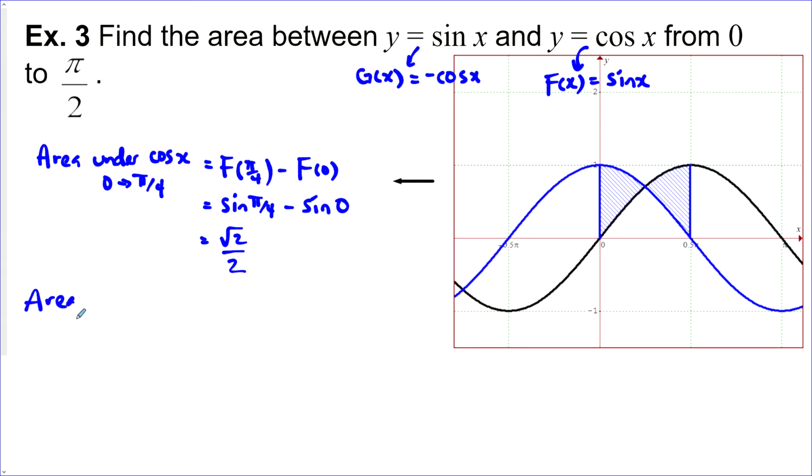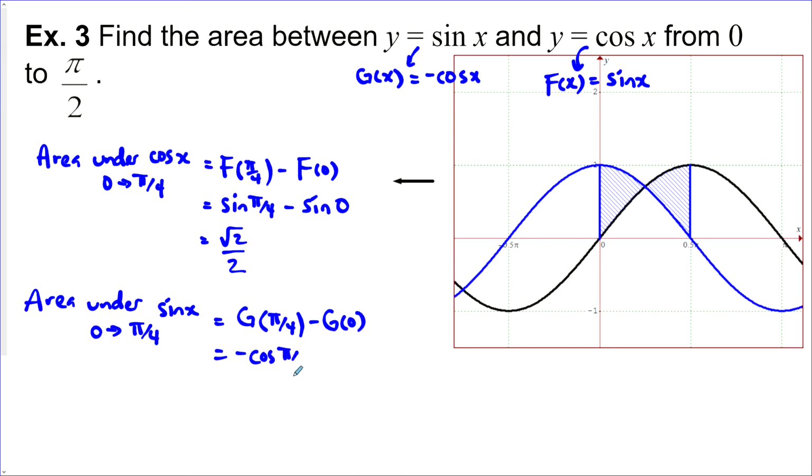Then we will get the area under sine x from 0 to pi over 4, and that would be g at pi over 4 minus g at 0. And g at pi over 4 would be negative cos at pi over 4 minus a negative cos 0.